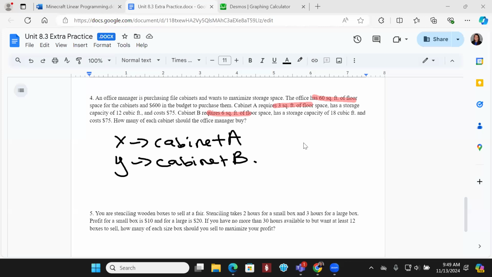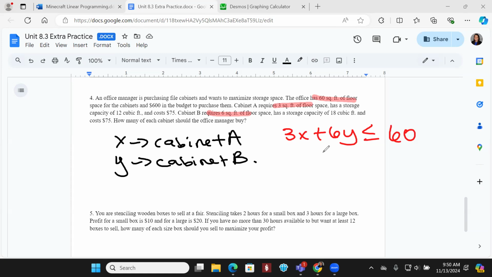So we've got an inequality, 3x plus 6y up to 60 square feet. That's the profit. And then storage capacity, 18y equals what?